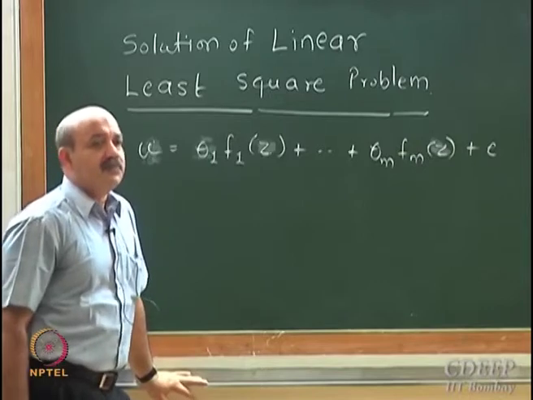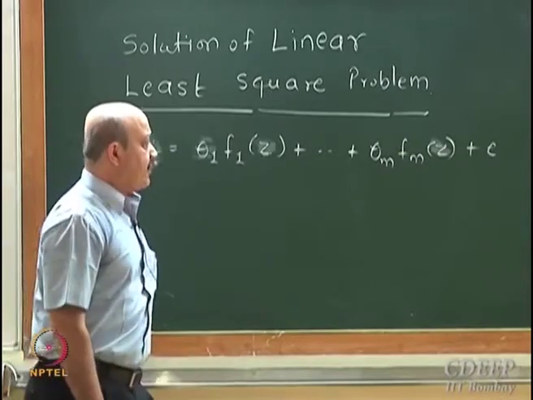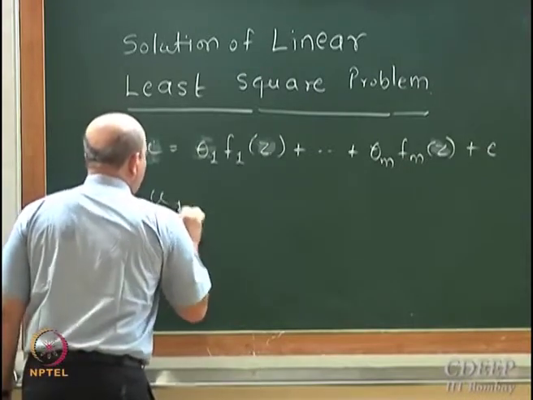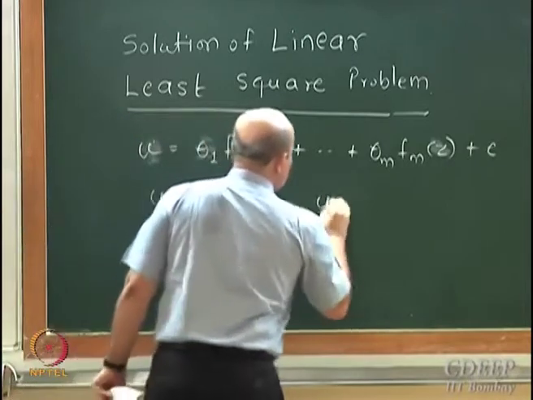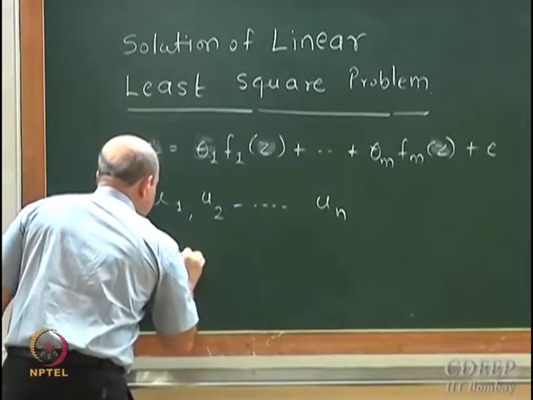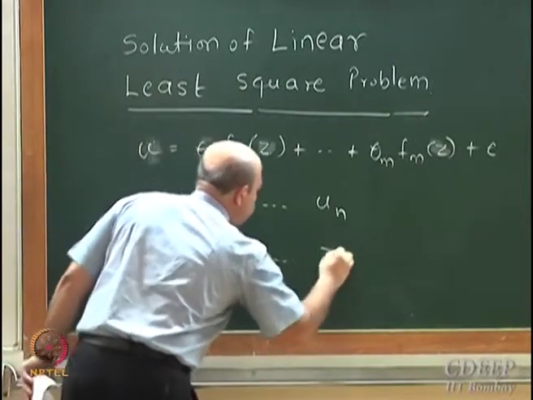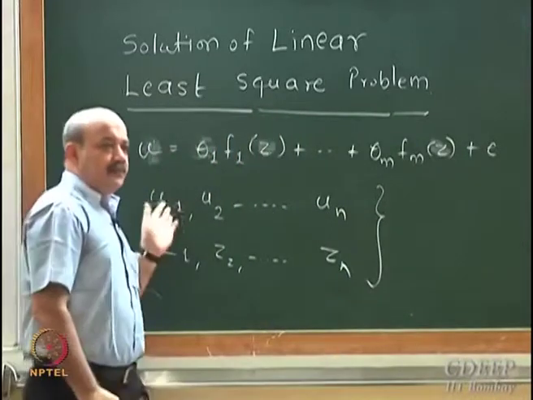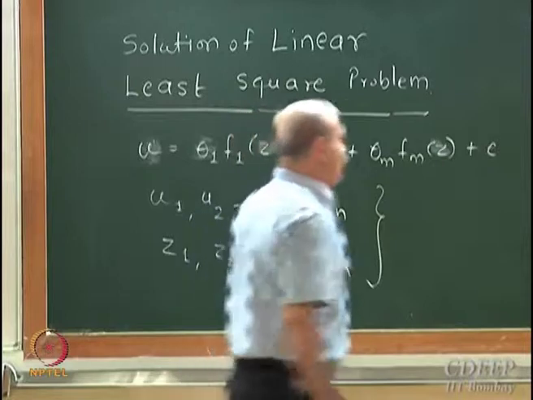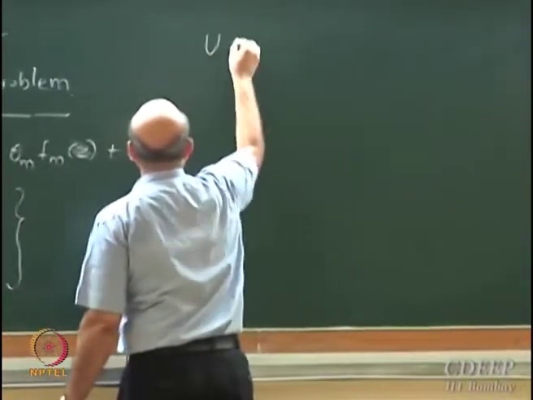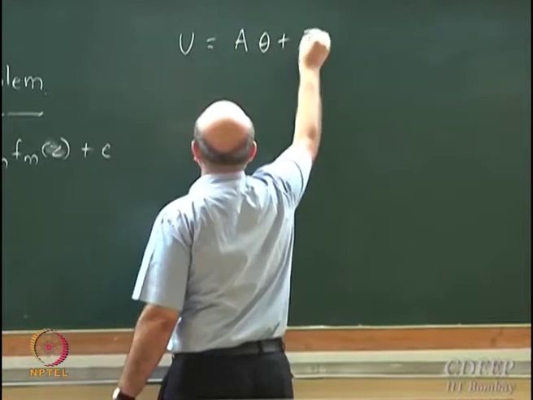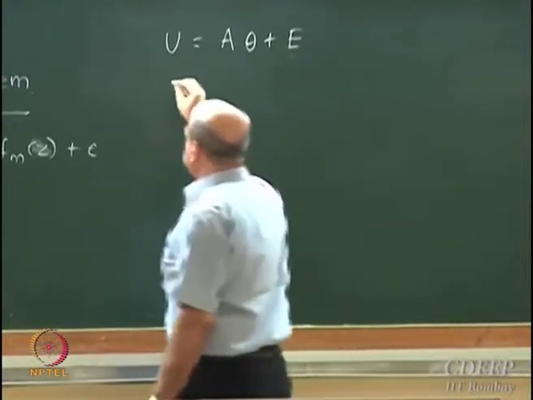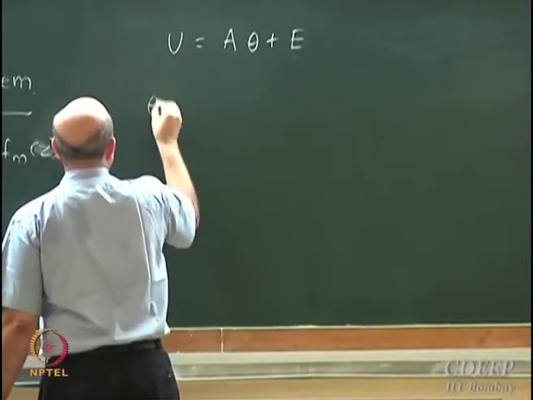We looked at many examples from chemical engineering where we could use this method, and then we have this data collected which is u1, u2, un at points z1, z2, zn, and using this data we wrote a number of linear equations, and finally we put it in a matrix form.